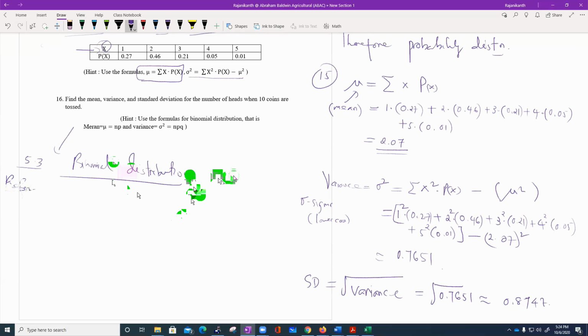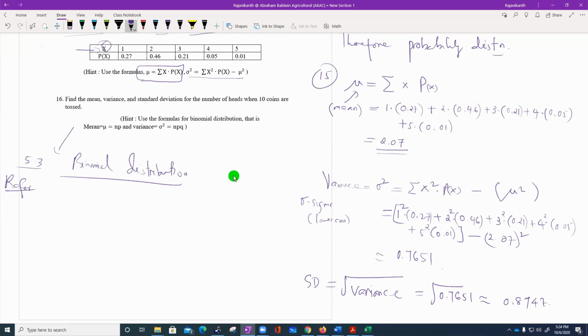Those kinds of experiments are called binomial experiments. When you toss a coin, of course, we will have either heads or tails, right? Two possibilities. Suppose you are looking for heads. That means once you get tails, that is not what we wanted, so it is considered a failure, right?